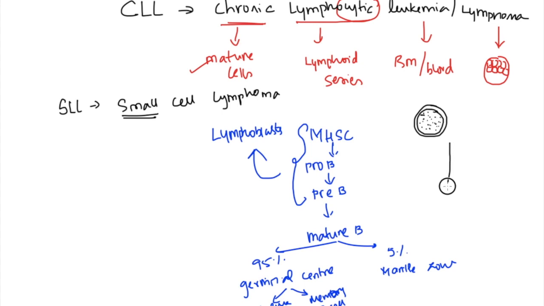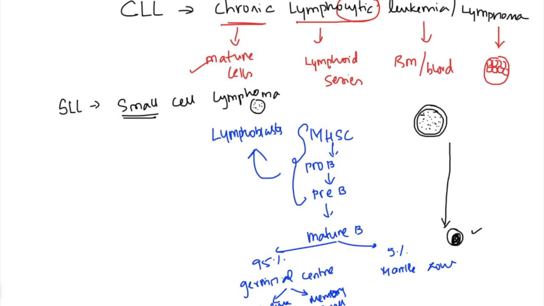Now as this cell goes down this lineage and goes on maturing, it will become a small, functioning lymphocyte. Since it's a mature cell, it is called small cell lymphoma. Again, lymphoma because here we are going to study the aggregates of the cells in a particular organ or lymph node. Fine, let's move ahead.